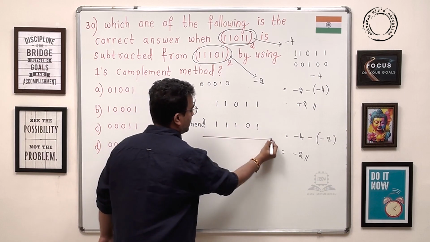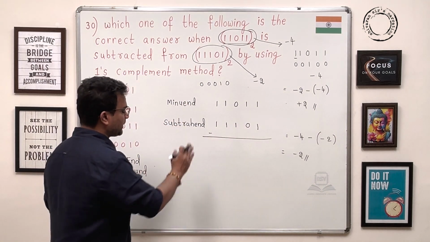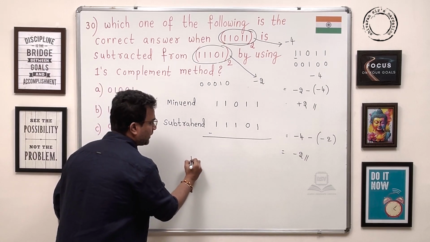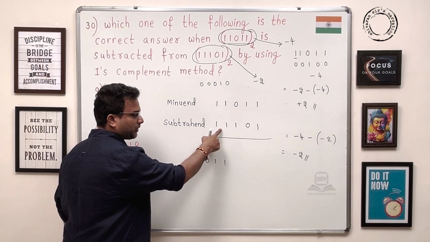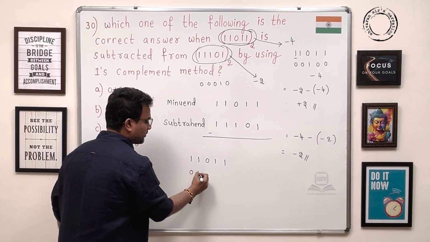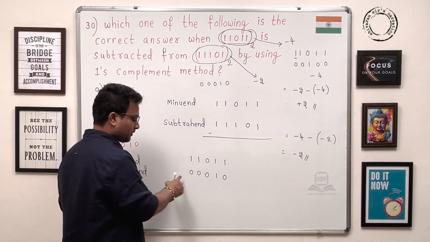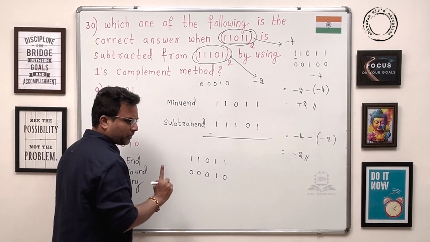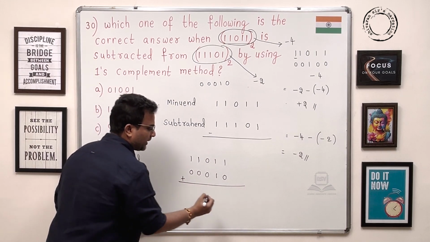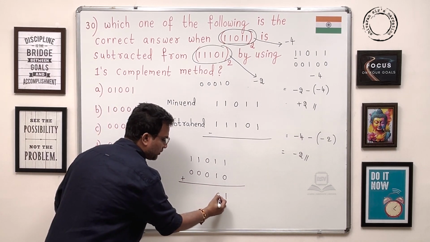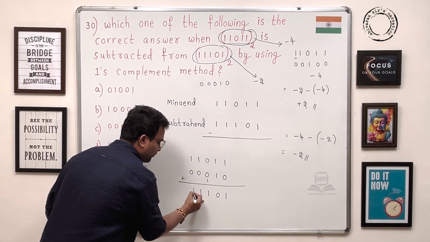Okay, let's do this. I want to subtract, but they said using 1's complement. Hence the procedure will be like 11011. Apply 1's complement to this so that 00010. Yes, we applied again 1's complement. Now you do addition so that 1 0 carry 1 1 1 1.